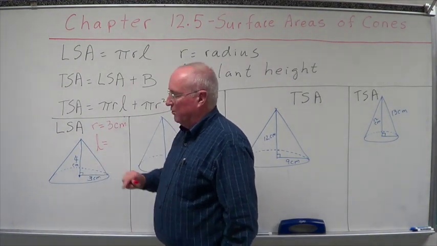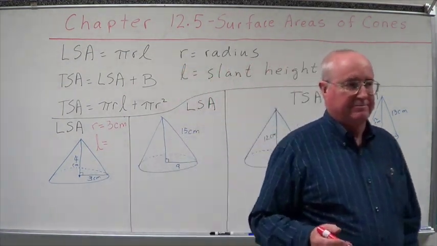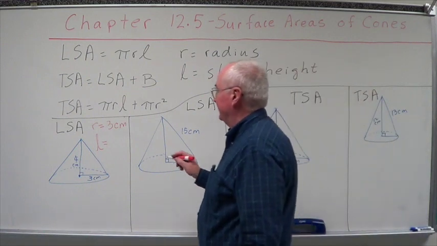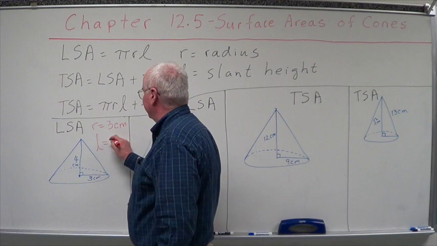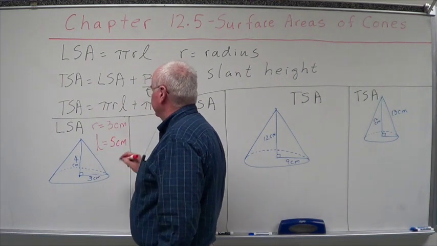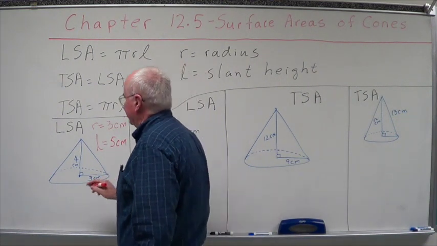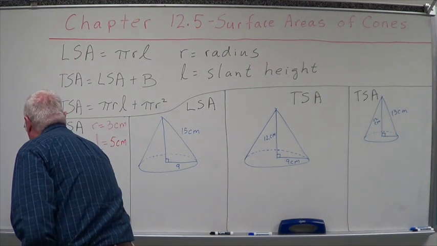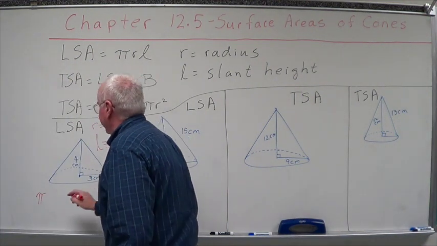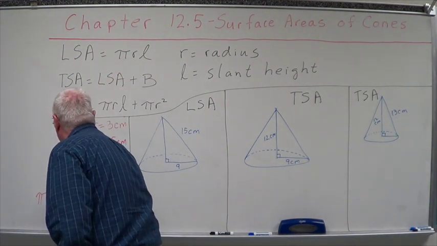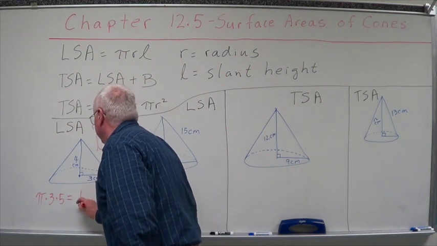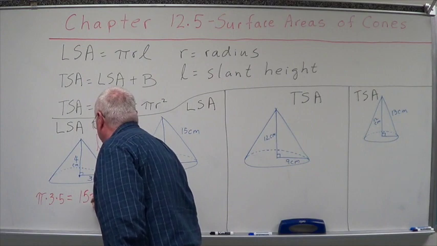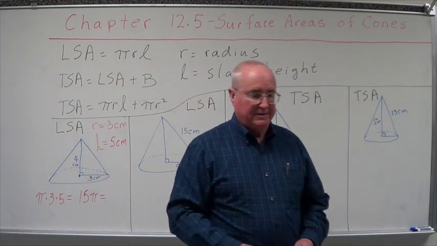Well, this is a 3-4 what kind of triangle? 3-4-5, very famous Pythagorean triple. So our slant height is 5 centimeters. Okay? So LSA is simply pi times radius times slant height, equals 15 times pi, equals, oh, what is that?